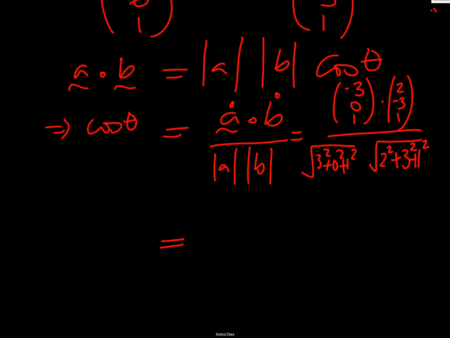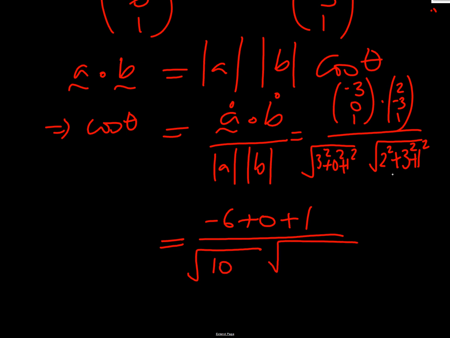Let's do the top. The result of the x values is minus 6, of the y values is 0, and of the z values is 1. And then the denominator: the first bracket here is going to be 9 plus 1, so that's root 10. The second one is going to be 4 plus 9 plus 1, so that's 14.